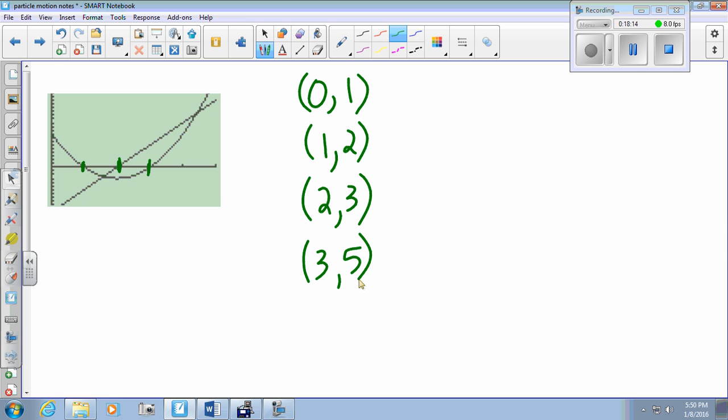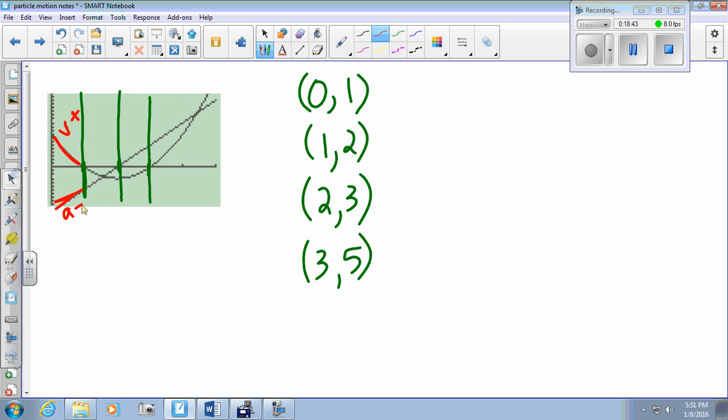Okay, so I'm going to draw a line all the way through this graph so it'll be easier to determine. If you look at the first interval from 0 to 1, my velocity graph is above the x-axis and my acceleration graph is below the x-axis. So velocity is positive and my acceleration is negative.